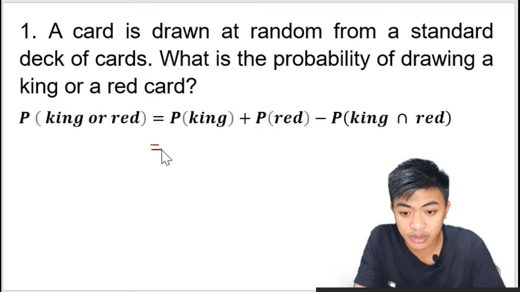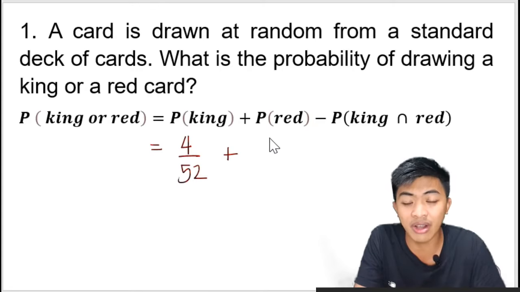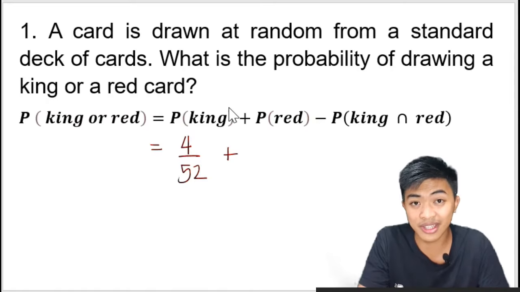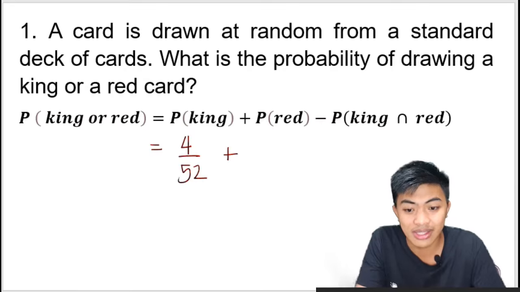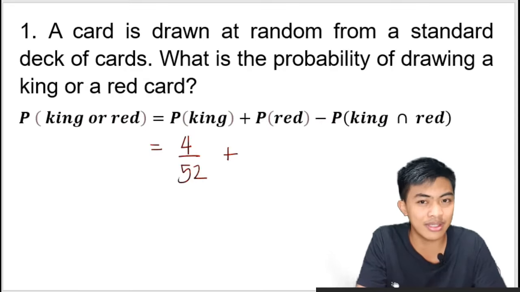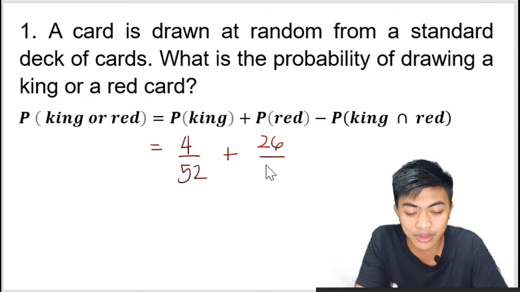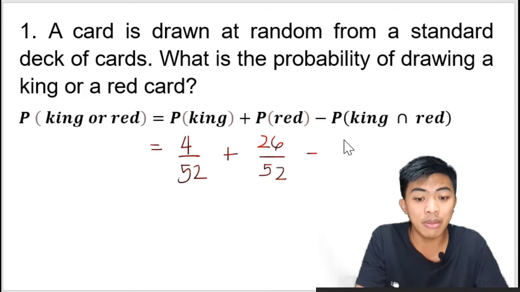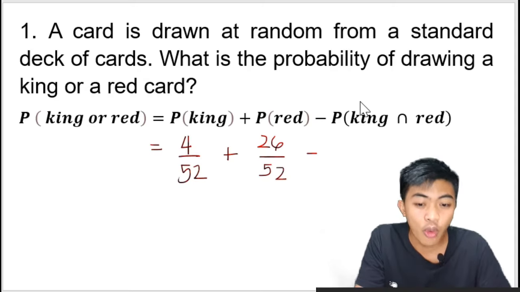Okay, so first we get the probability of getting a king, and that is 4/52. Getting a red card, on the other hand: in a standard deck of cards, half is black, half is red, right? 52 divided by 2 is 26, so there are 26 red cards out of 52, minus the probability of king intersection red. What does this mean?